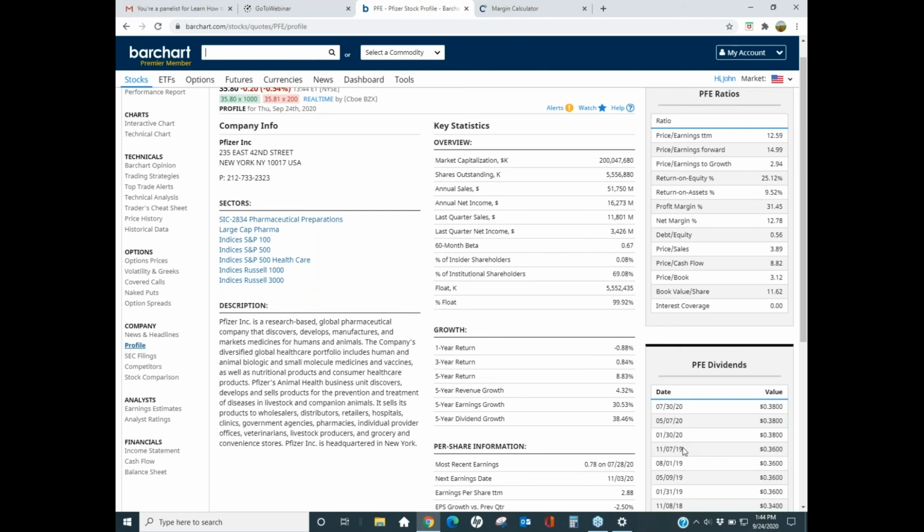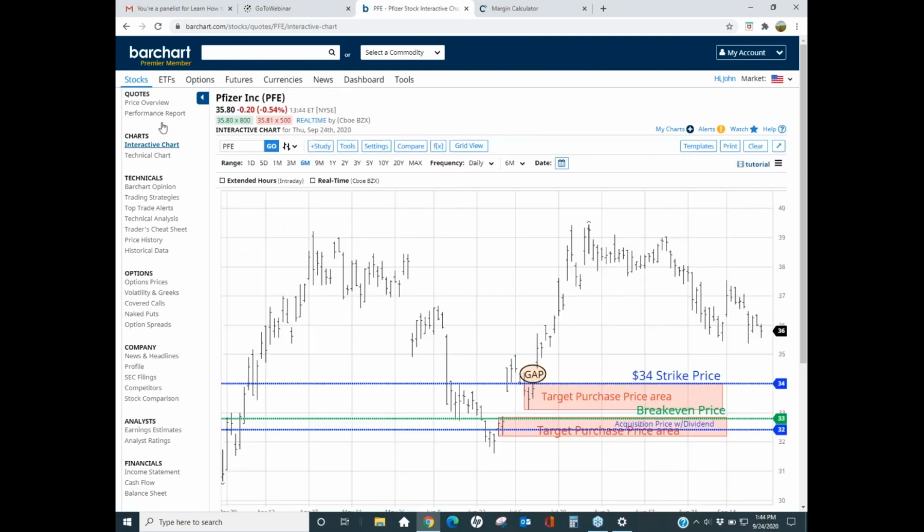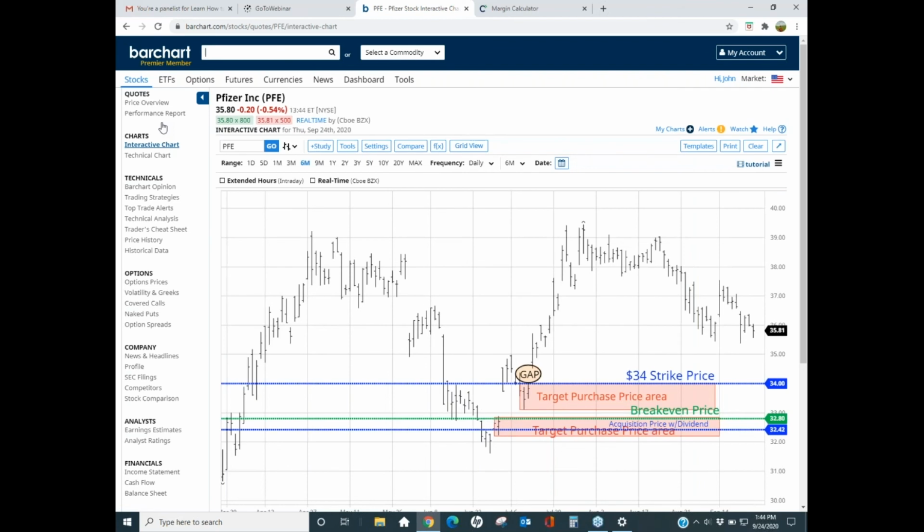So there is an outside possibility that if we got exercised on this one in an area where I already feel comfortable purchasing it, I would also have an opportunity to pick up that dividend, which would even lower my acquisition price to about $32.42, right? Now, there's no guarantee that when price gets down to $34, we are going to get exercised, right?